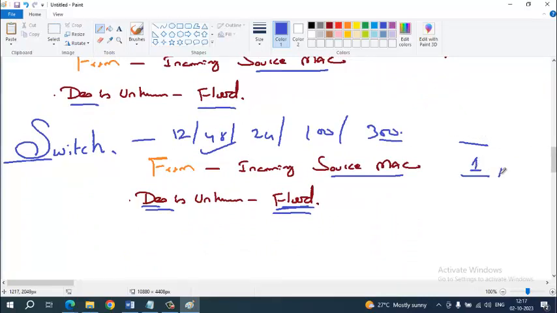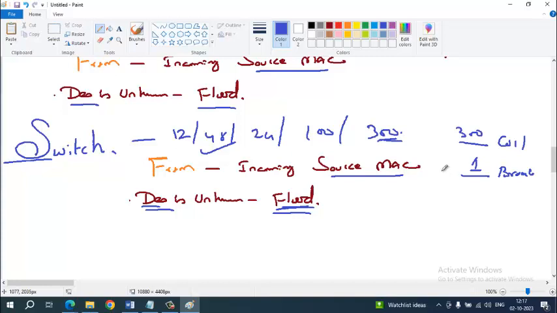If I have a 300 port switch, how many collision domains? 300 collision domains. So every port on a bridge is also a collision domain, like a switch. Both bridge and switch have this as a similarity.